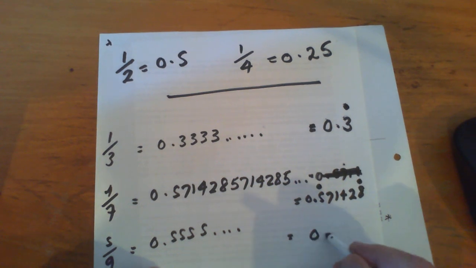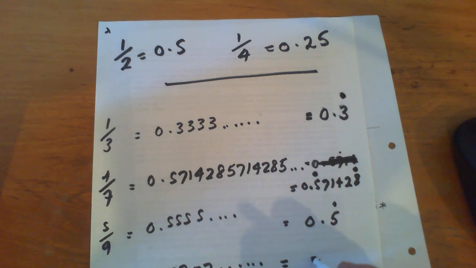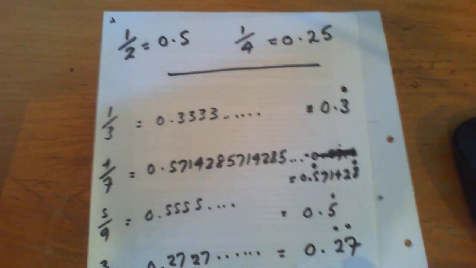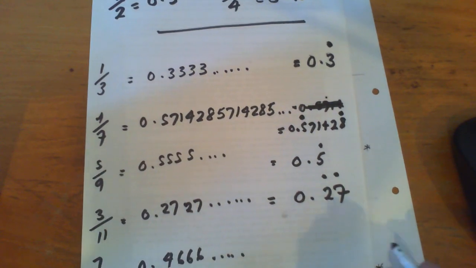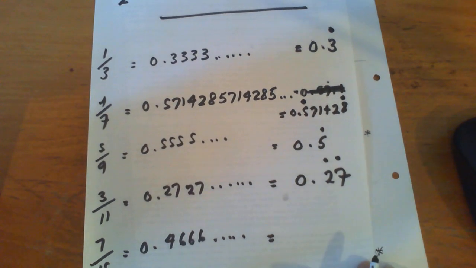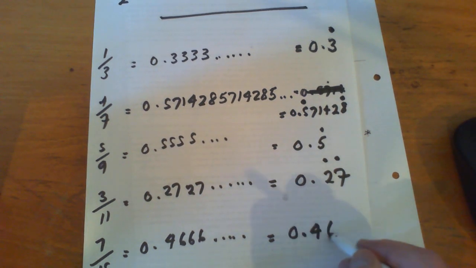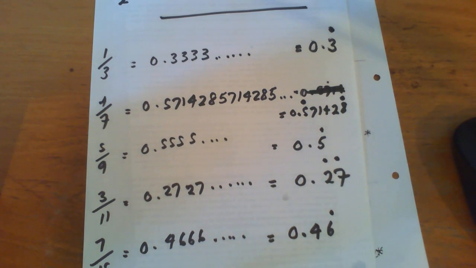That will be just like the other one up above. That will be 0.27, so it'll be like that. Now this one doesn't recur immediately, but it does eventually, so it'll be 0.46, like that.